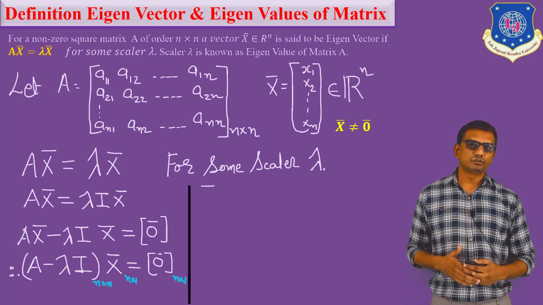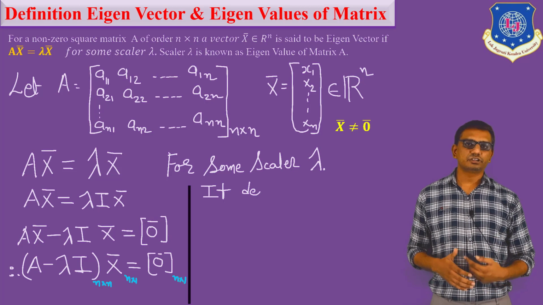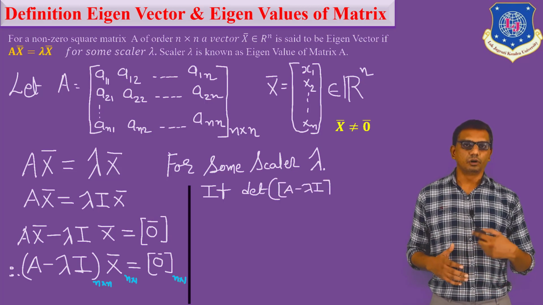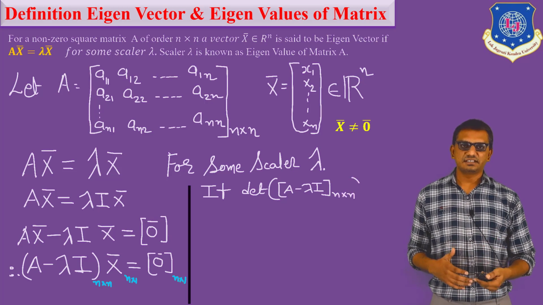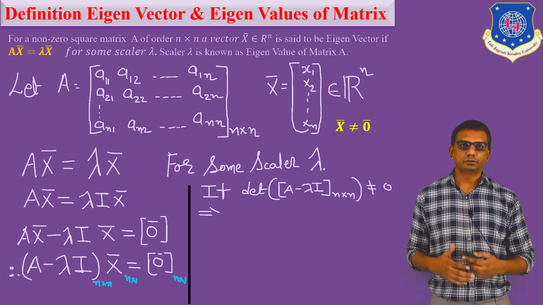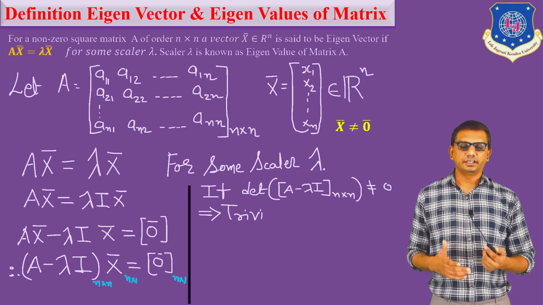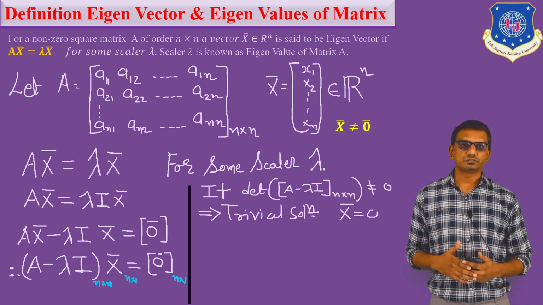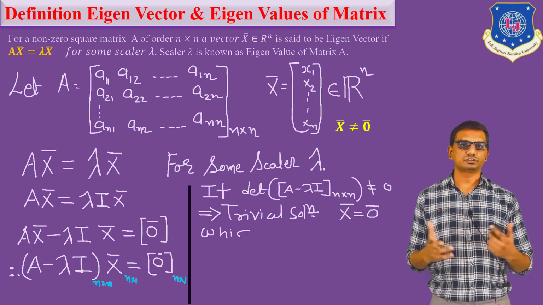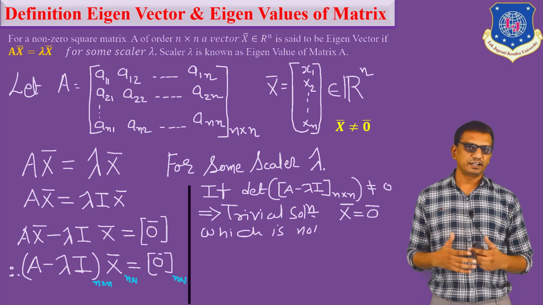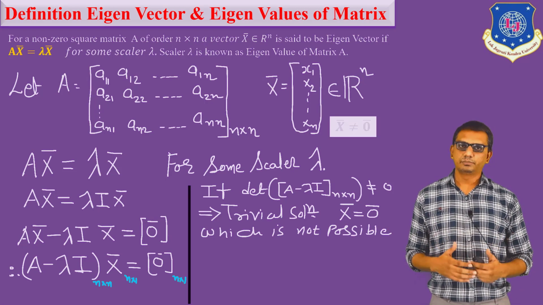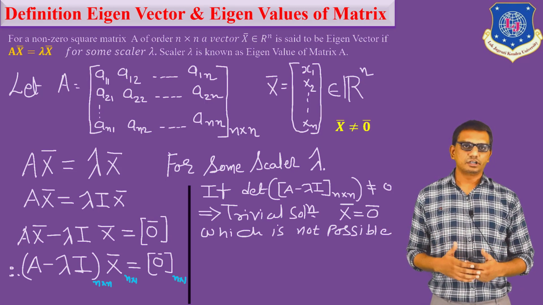Now we are interested in finding the solutions. If the determinant of A minus lambda I is not equal to 0, in this case we have a unique solution, which is also known as the trivial solution for a homogeneous system of linear equations. So x bar is the 0 vector, which is not possible because we already assumed that x bar is not equal to 0.